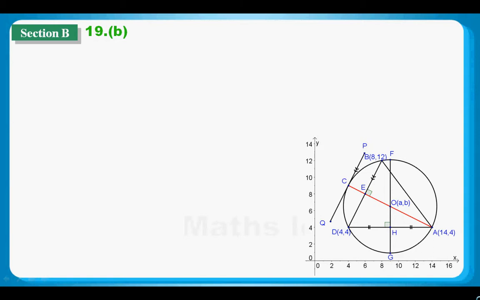Part B introduces some points. That is, A is (14, 4), B is (8, 12), D is (4, 4). Okay. And we are asked to find the equation of PQ.